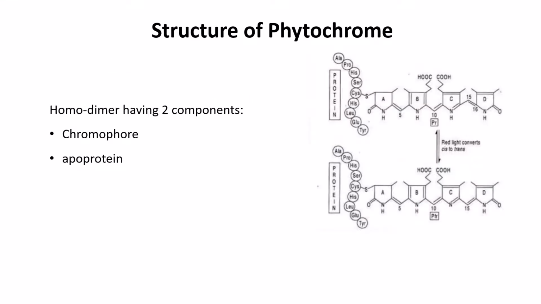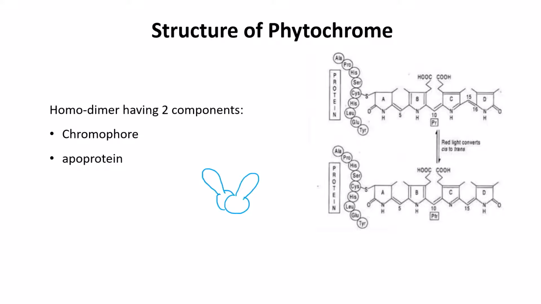Next is the structure of phytochrome. This phytochrome is a homodimer, looking like this. It is a homodimer, each consisting of a protein or kinase.